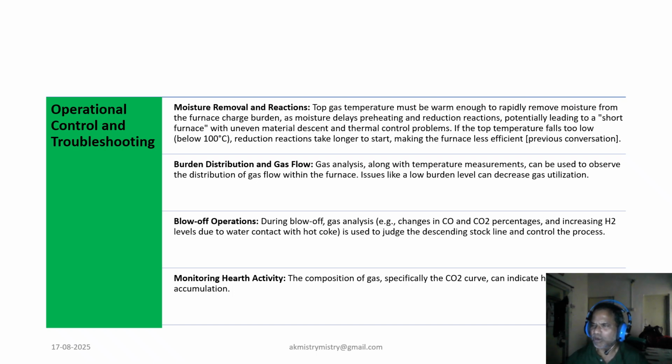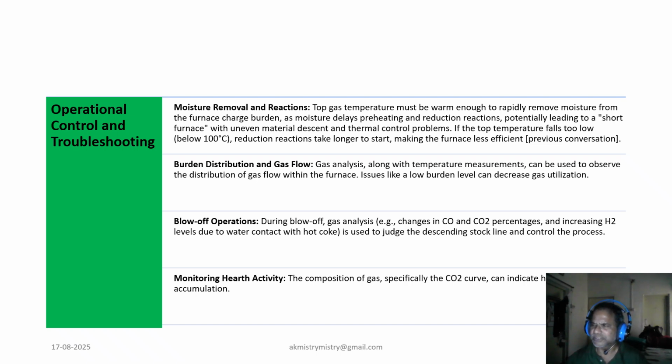Next is hot blast temperature. When you increase the blast temperature, it surprisingly leads to a decrease in CO2 and nitrogen masses in the top gas per 1000 kg of iron produced.